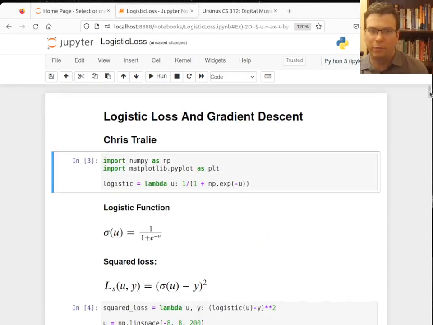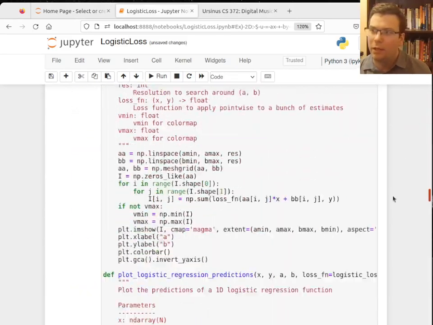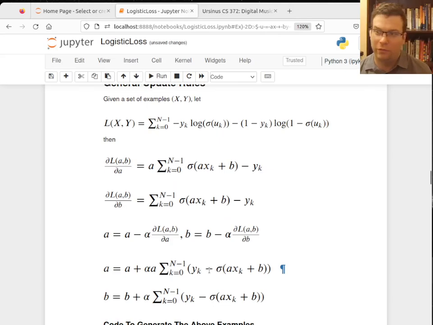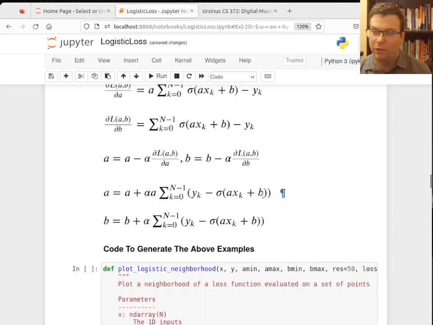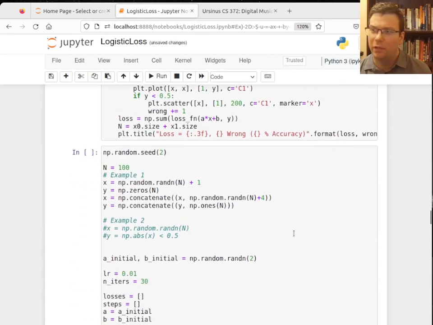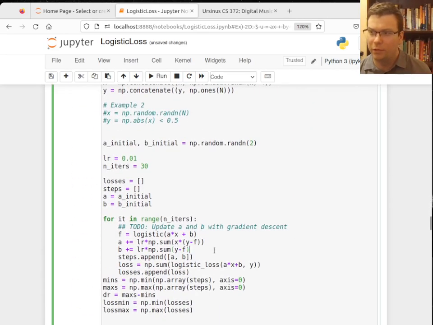Oh, one more thing I should mention real quick. It would be nice to see how easy this is in code if you mash these equations up with what's in the code. Most of this code is just plotting stuff, but I do want to hone in on the parts that actually do logistic regression.